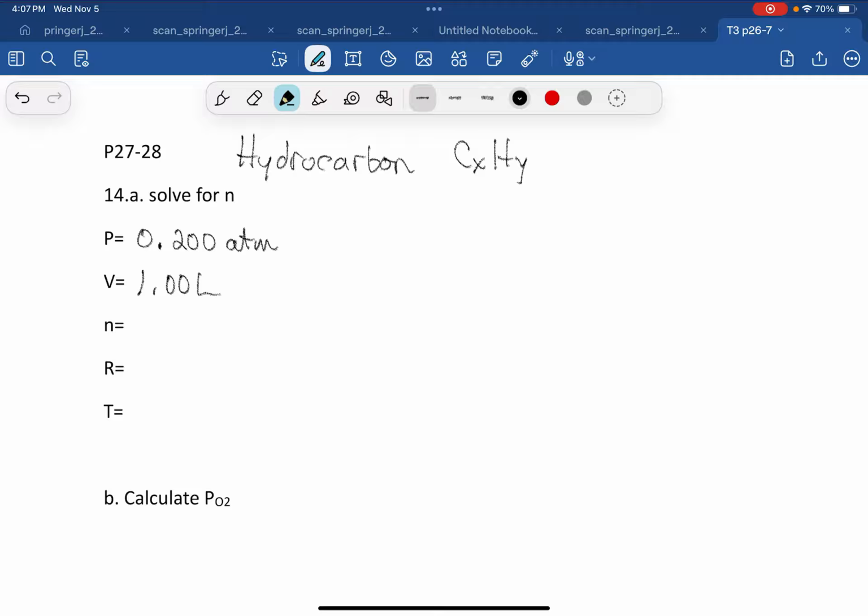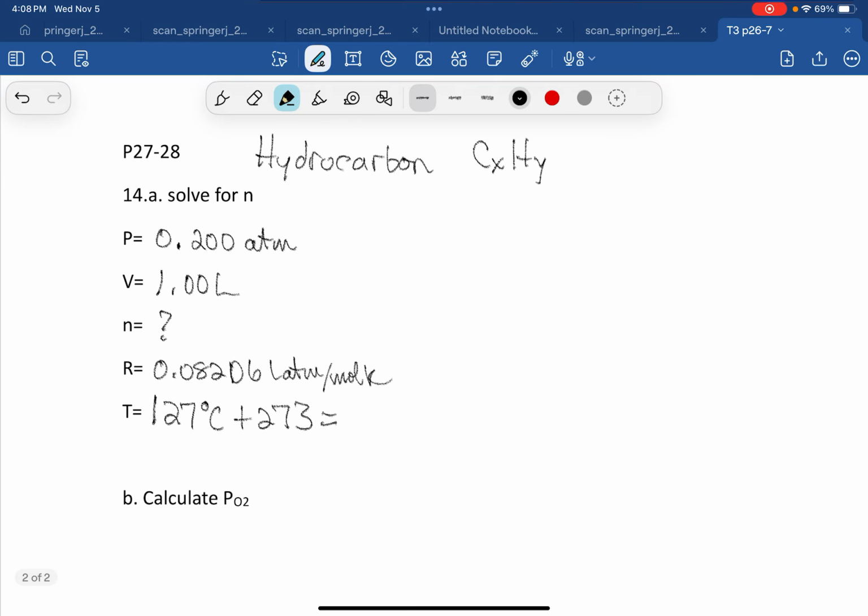And the number of moles we do not know, and finally the temperature, it says, is 127 degrees Celsius. We'll add 273, and we get around 400. I'm going to put a decimal there to make it 3 sig figs.